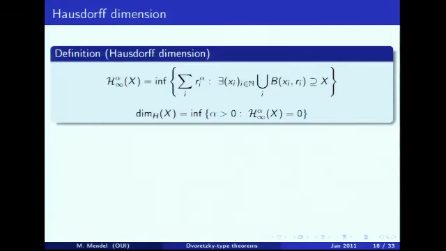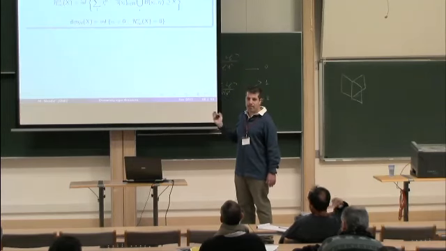Now let's switch to the variant with the Hausdorff dimension. So first of all, the definition of the Hausdorff dimension. We need the definition of alpha Hausdorff content in the following formula. It means that if you try to cover a space X by balls of radius r_i, you take such a cover, take the radii to power alpha and sum it up, and take the infimum.